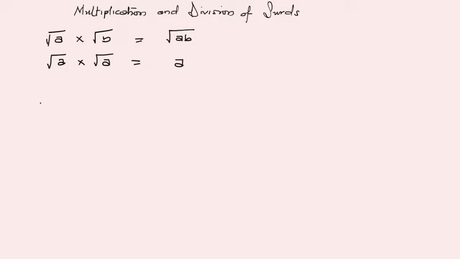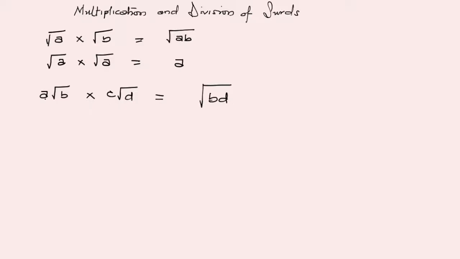Now one that we've not seen is if you have a square root of b multiplied by c square root of d. Now we know that you can multiply the terms under the square root, so we know that this is equal to bd. We're just following the first row here. Square root of b multiplied by square root of d is equal to the square root of bd.